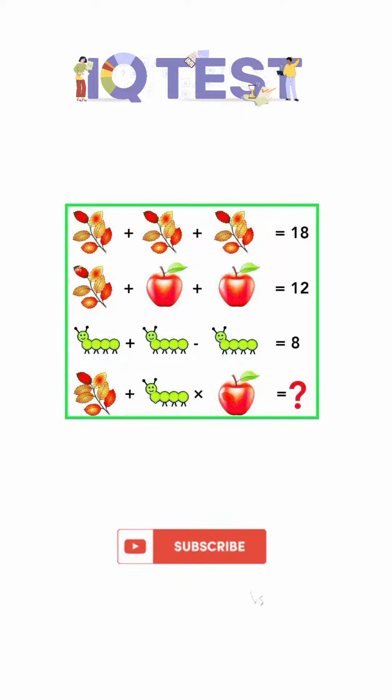So, Colina, is that okay? The 6 is for the flowers. Okay, the 3 is for the apple. I agree.